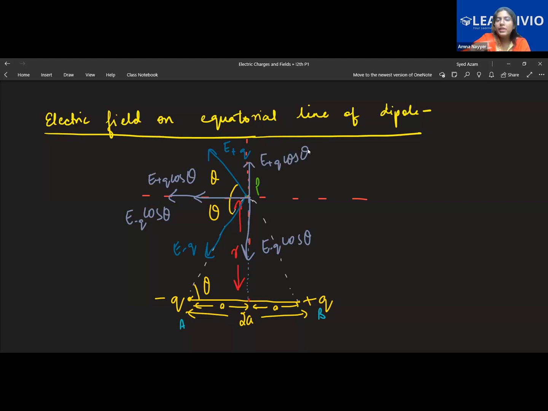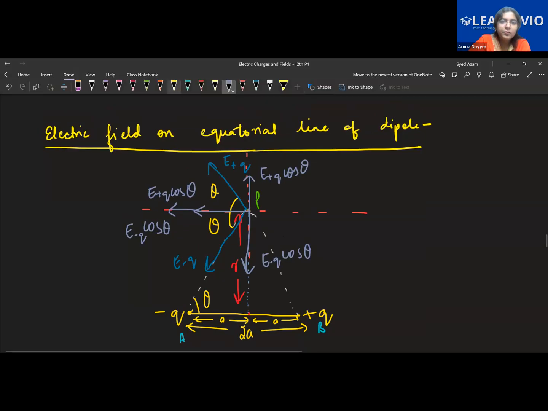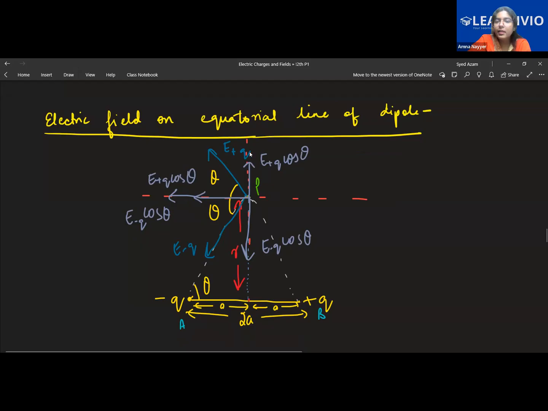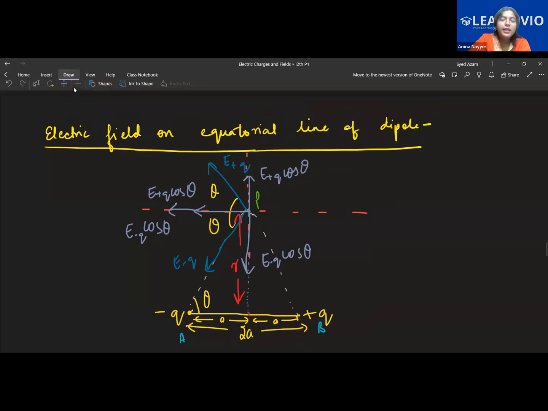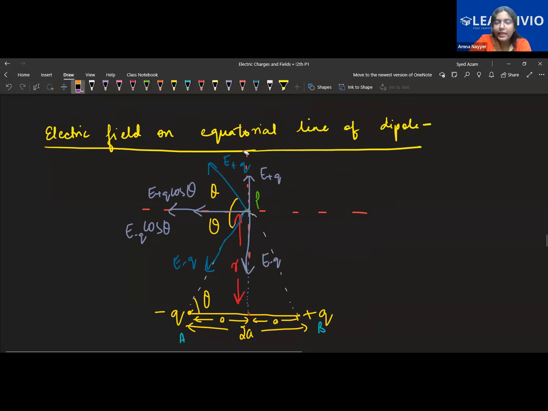So now, can you tell me what all vectors are there along y-axis? Which vectors? How many? Two vectors are there. Look, this is E plus Q and this is E minus Q. So E minus Q sine theta and E plus Q sine theta.